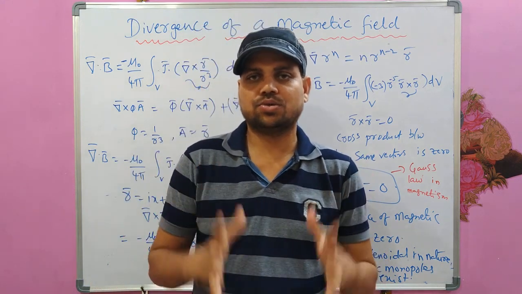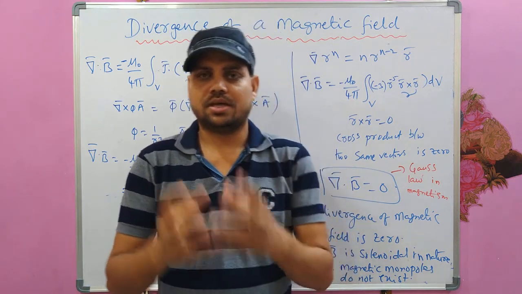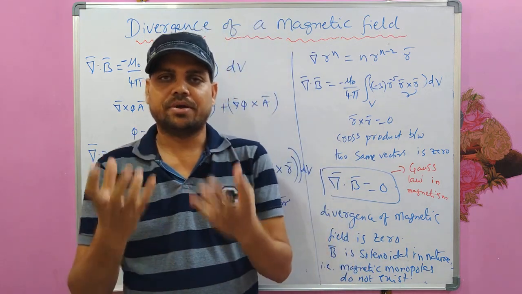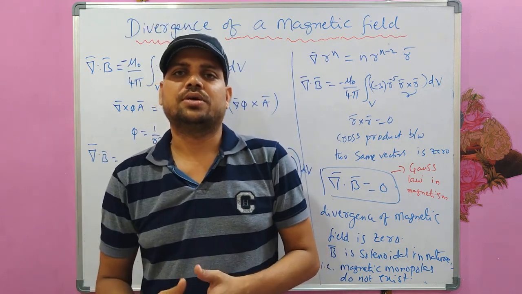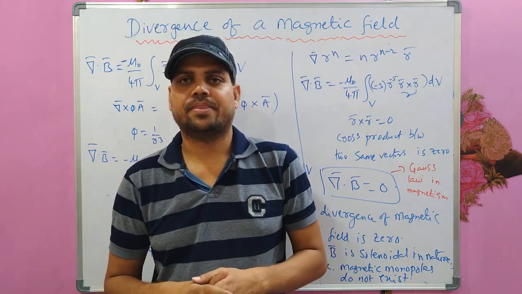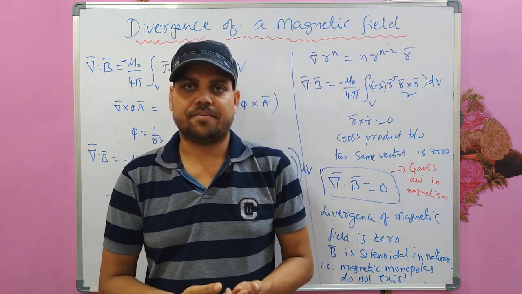No sink, no source. So the magnetic field lines coming out from one pole should reach another pole. So monopoles are not existing.